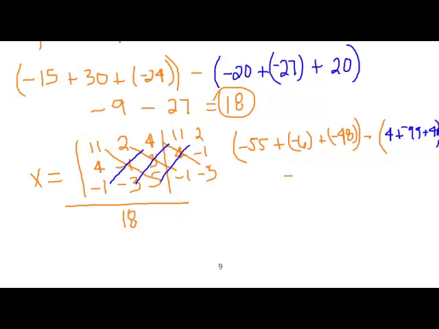Again, if we simplify, we get negative 109 plus 55. Again, still all over 18. That equals negative 54 over 18. So our x value is negative 3.